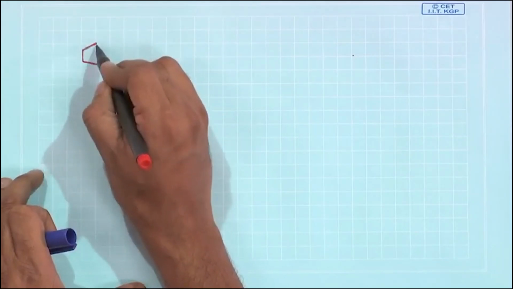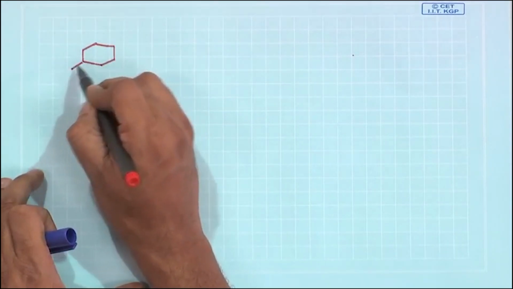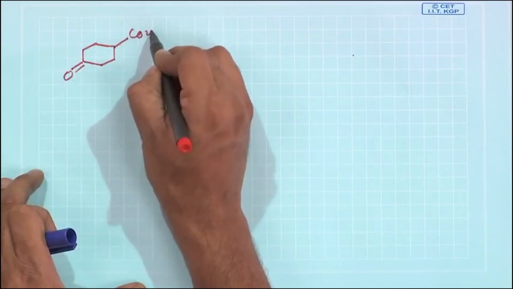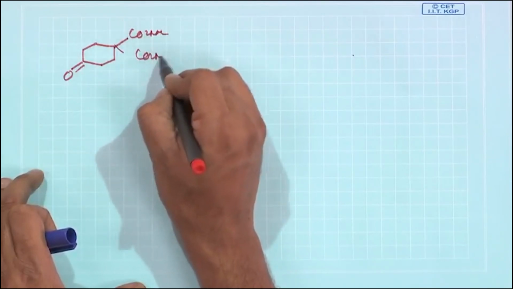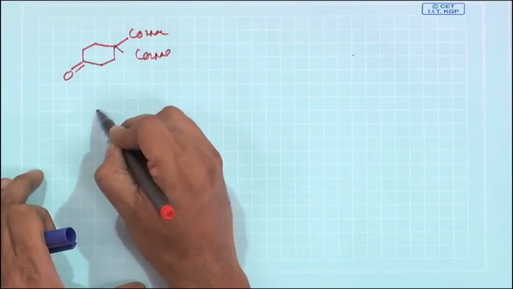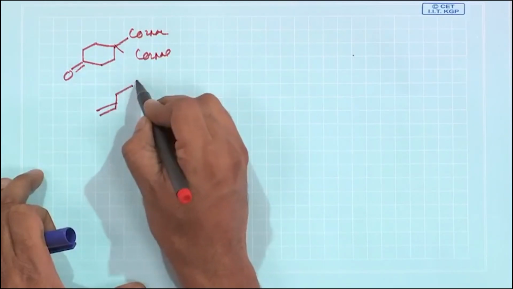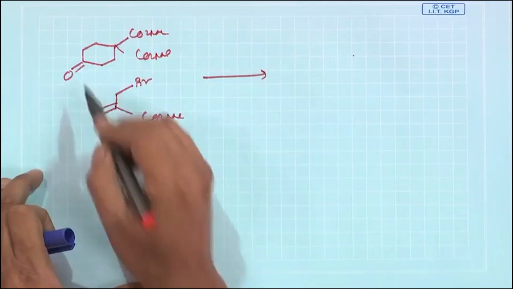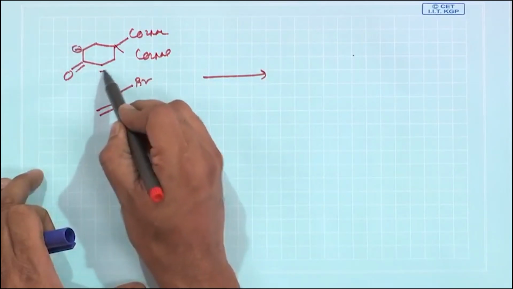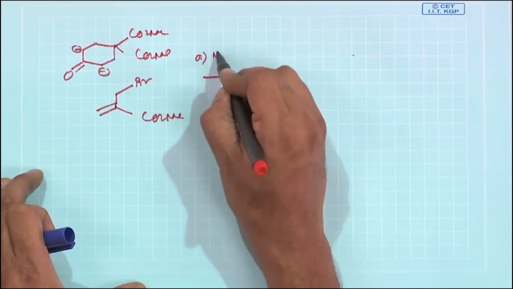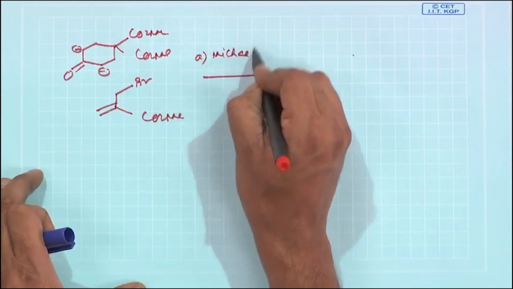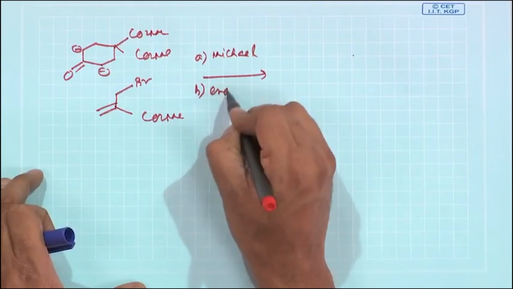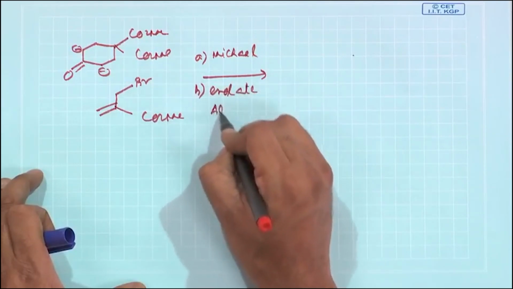So, now let us do the synthesis which was proposed as the forward pathway. The initial starting material with CO2Me, CO2Me, you react with the double bond compound, CH2Br CO2Me. I am saying basically a Michael addition and an enolate alkylation.